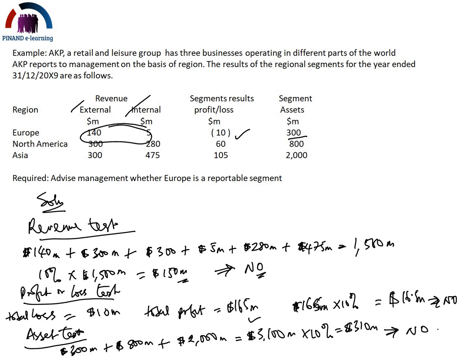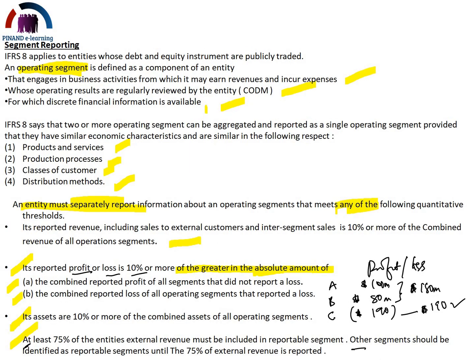Okay? Now, let me bring this up again. I've noticed that sometimes in the examination, the examiner may not give you figures. In that case, you may need to think of how to group operating segments to become one reportable segment. So that is where you need this part. Very key.